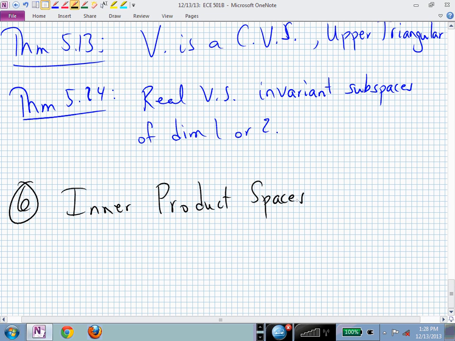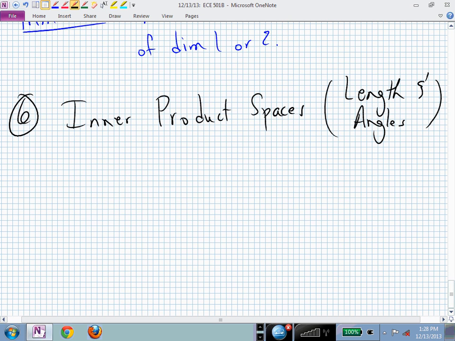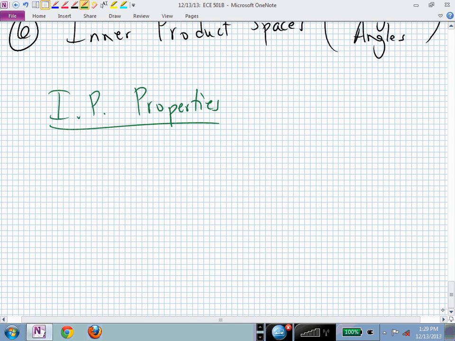Now we have inner product spaces, and what you might be keeping in mind here is that we now have this idea of length and angle if we have an inner product. And inner products enjoy certain properties. And you need to be able to know or understand that.